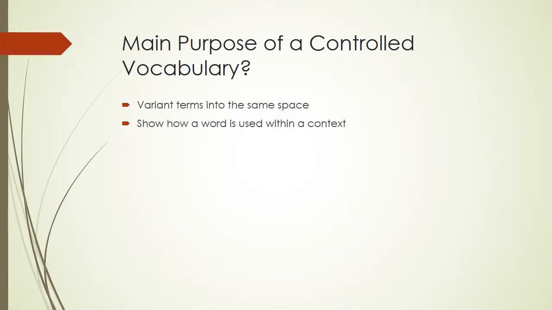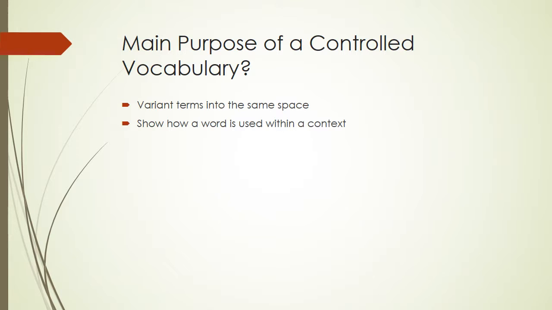Use the same description for a number of terms that all mean the same thing but might be out there in the world. Then the second purpose of a controlled vocabulary is to show how a word is used within a particular context.